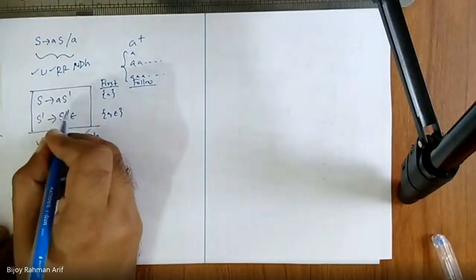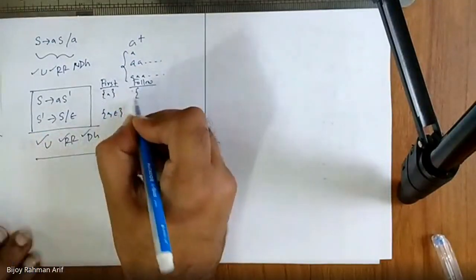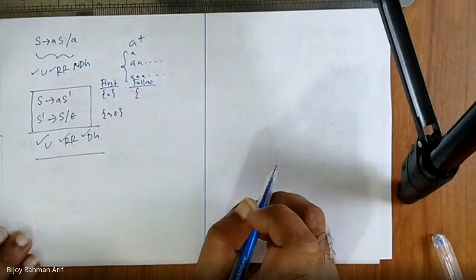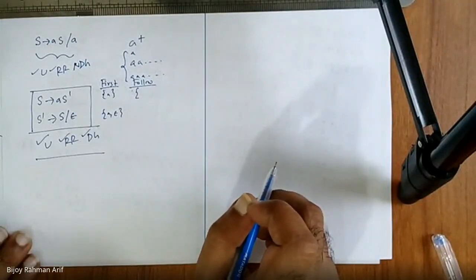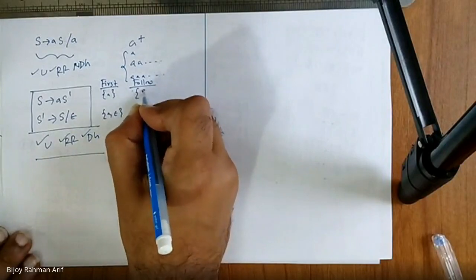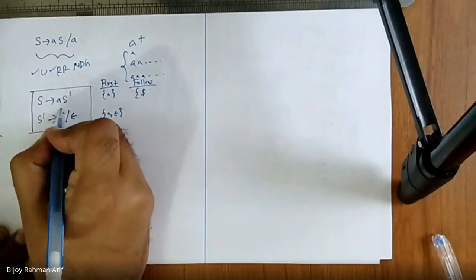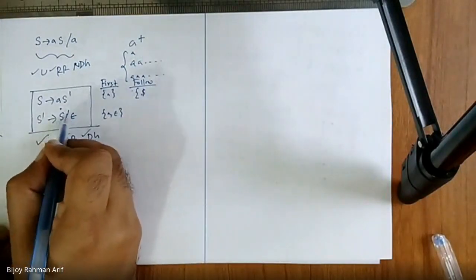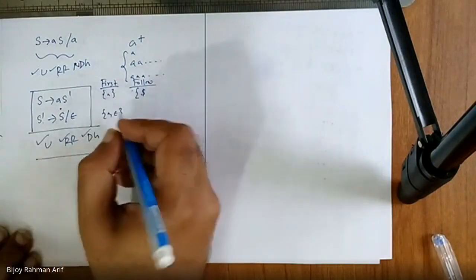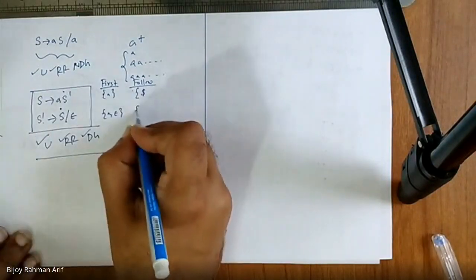A and epsilon. First of S dash is nothing but first of S. What is follow of S? Dollar. And here we have to find this one as well. Follow of S is nothing but follow of S dash. So what is follow of S dash? Follow of S. So both are dollar.